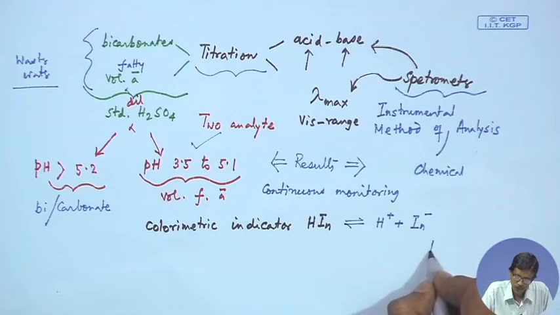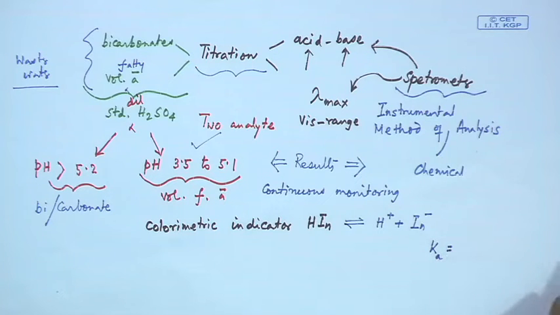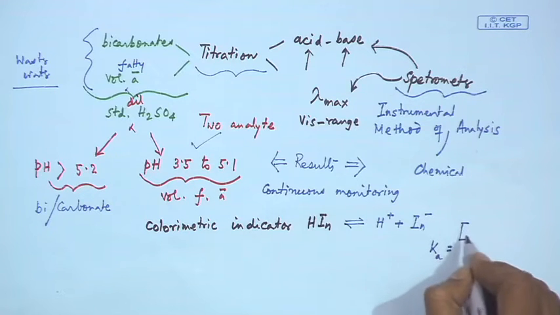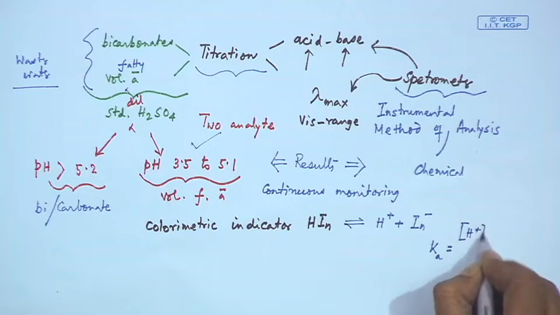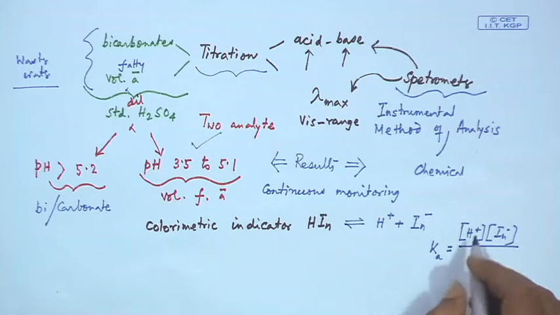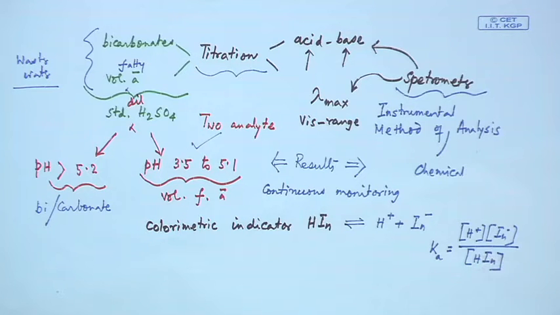If both of them are in equilibrium, the corresponding Ka value would be related to the concentrations of H plus, In minus, and the undissociated weak acid, HIn.